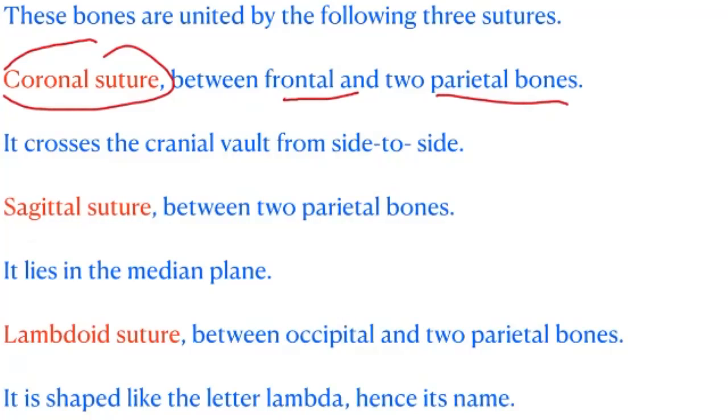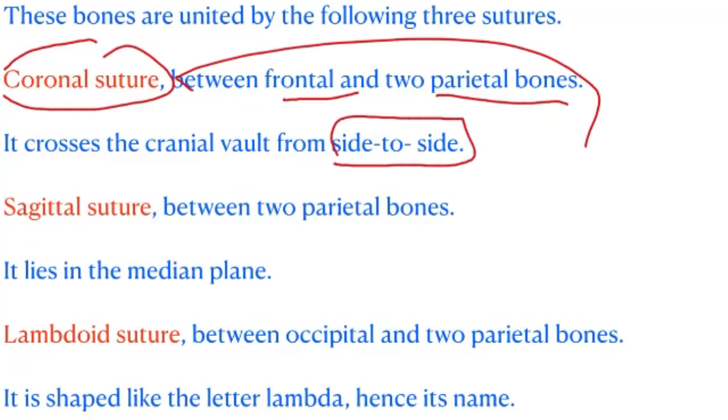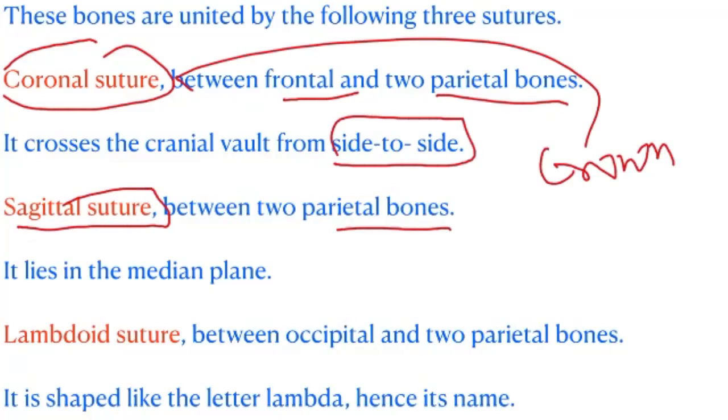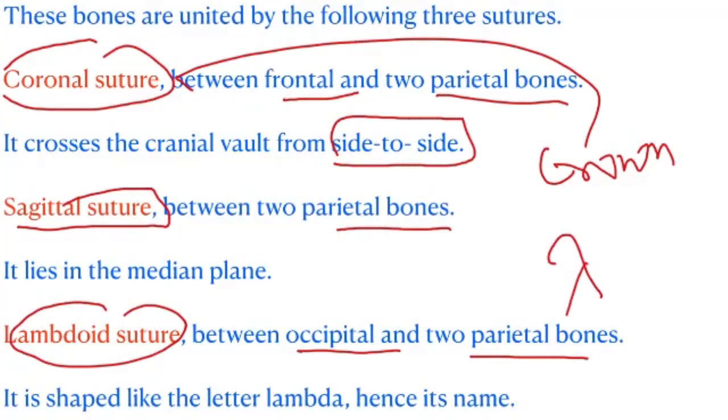It crosses the cranial wall from side to side, right? So that suture is called the coronal suture. Corona means crown. So the crown means the plane of the crown. Coronal suture means the same plane as the crown's plane. The sagittal suture is between the two parietal bones, and the lambdoid suture is between the occipital and two parietal bones, because it represents the letter lambda, right?